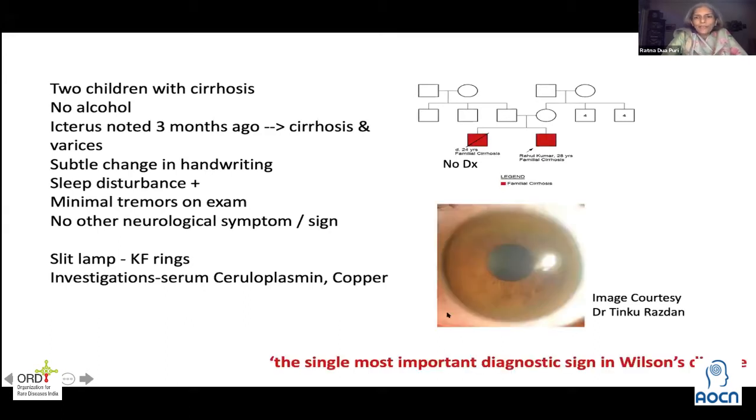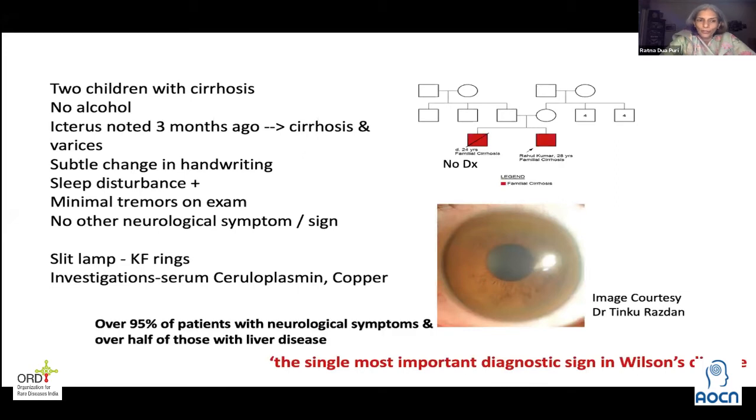And we identified this KF ring, which is the single most diagnostic sign in Wilson disease. We know that even in pre-symptomatic patients you may not have abnormalities in the serum ceruloplasmin and the copper, but if you find the KF ring, you know that you have your diagnosis.